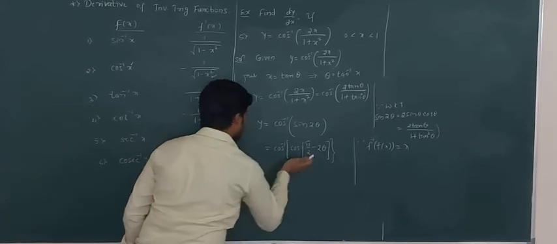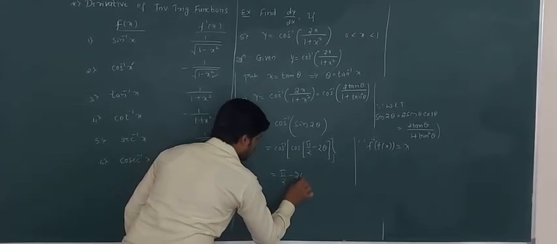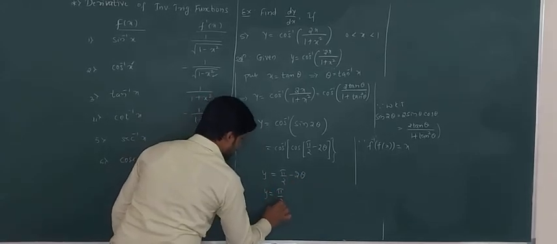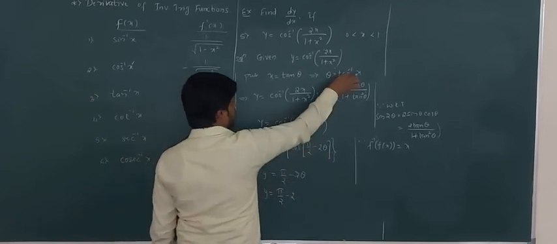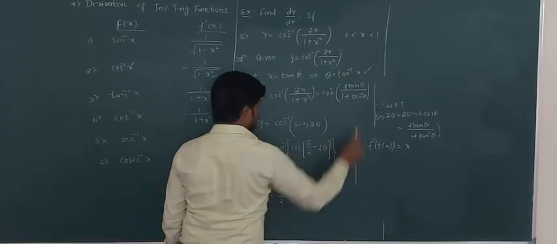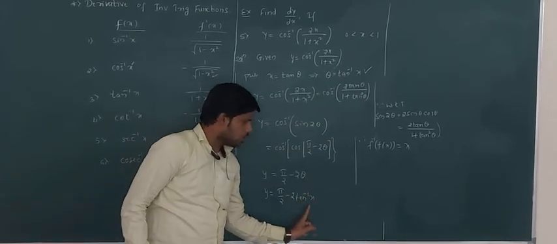By using this one, we get here pi by 2 minus 2 theta. So then y equals pi by 2 as it is minus 2 theta as it is. What is theta here? We have theta equal to tan inverse x. So substitute theta, y equals pi by 2 minus 2 tan inverse x.